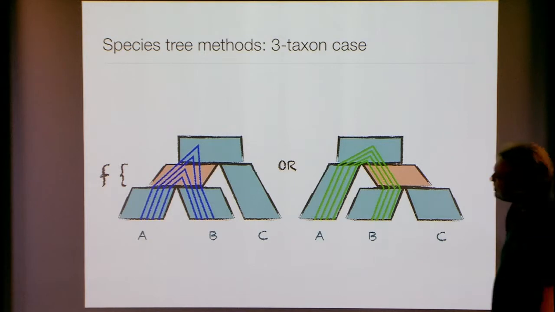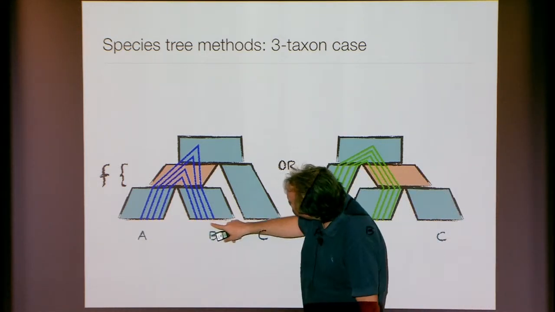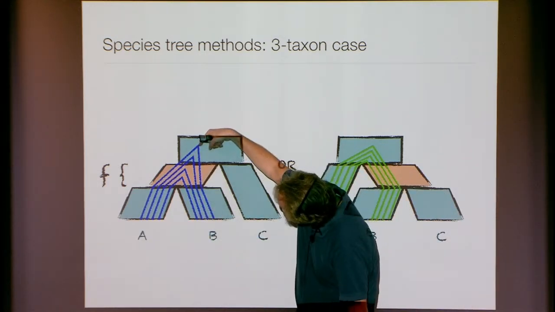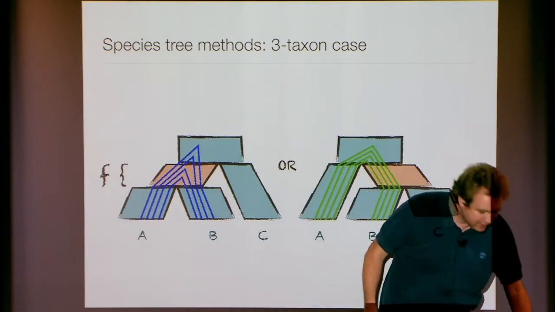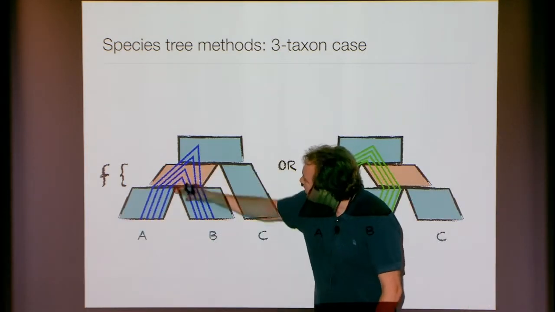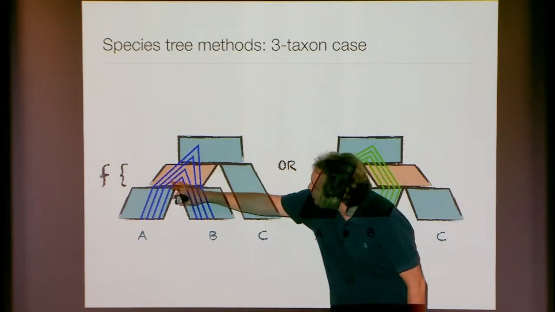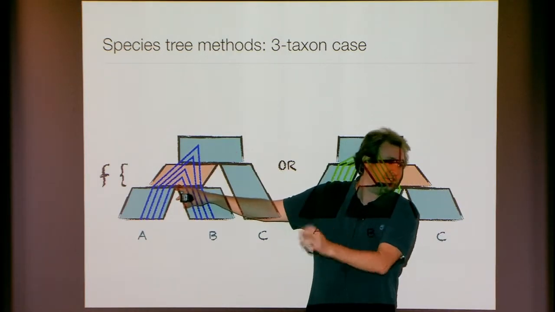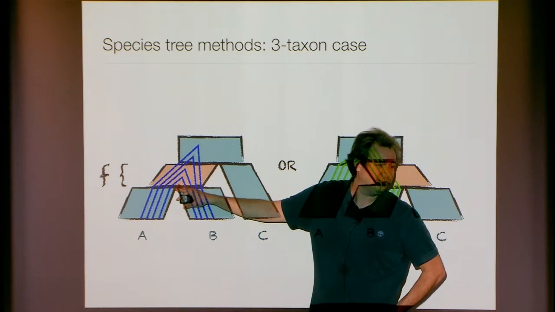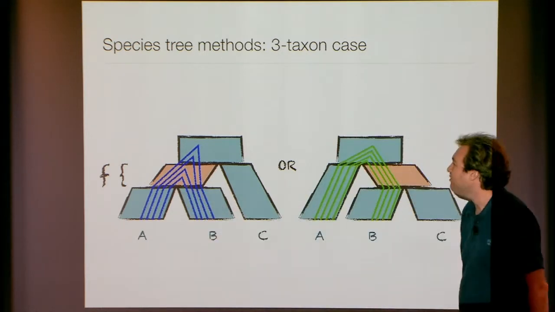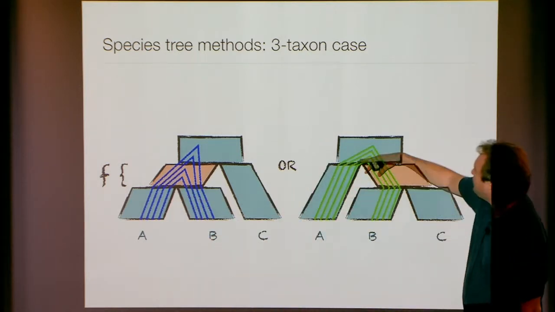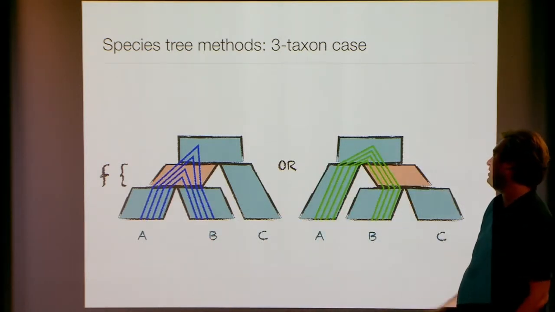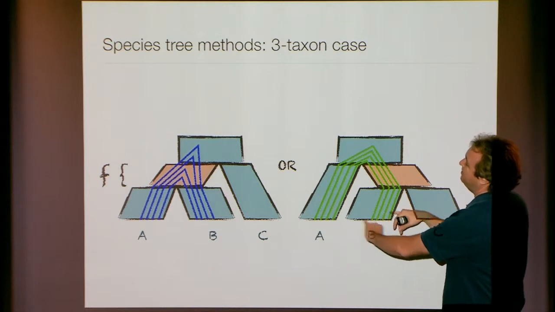Well, there's a natural thing to do here, which is, for each pair, you just take the minimum of the coalescent times. For each gene, you get a different coalescent time, so you get this distribution. The minimum is going to tend to converge towards the actual divergence time under the coalescent. And therefore, over here, it's going to be smaller than it is over there, because there the 2 closest ones were actually BC instead of AB.